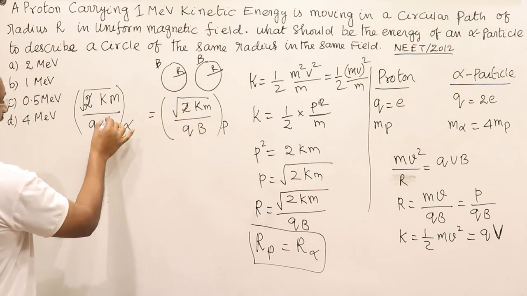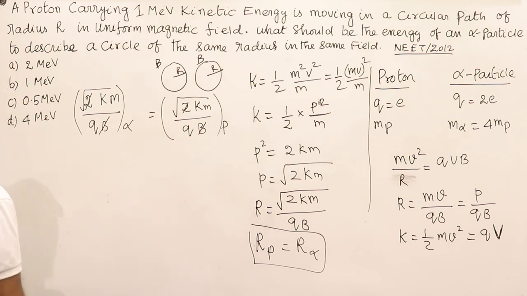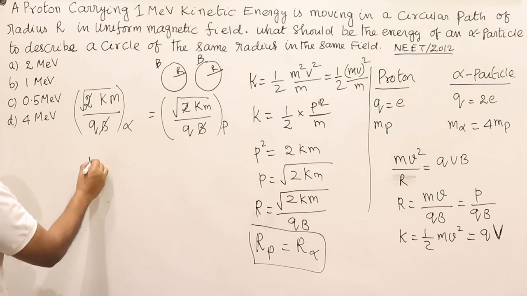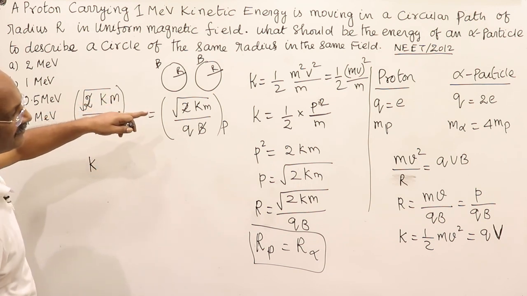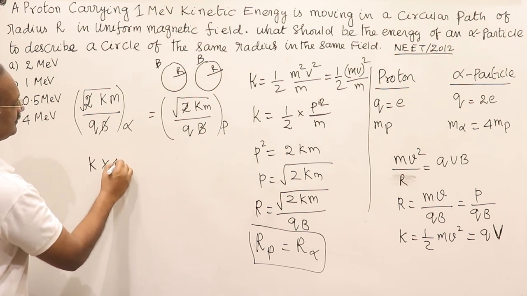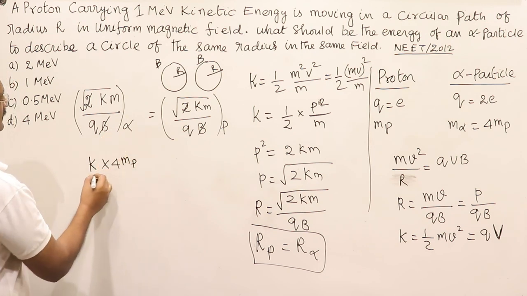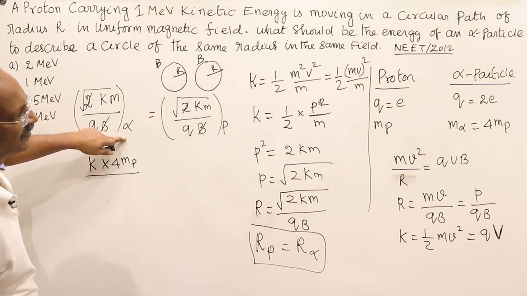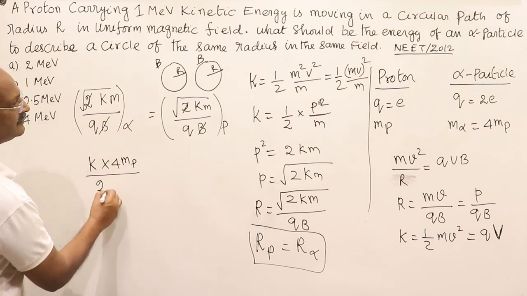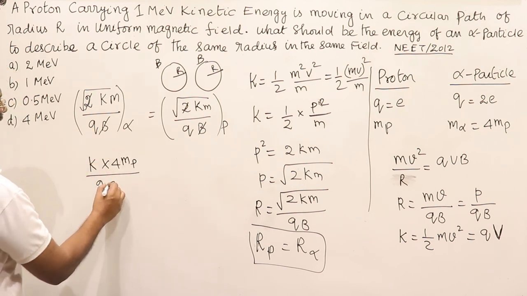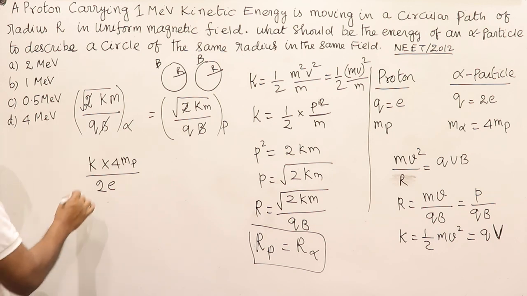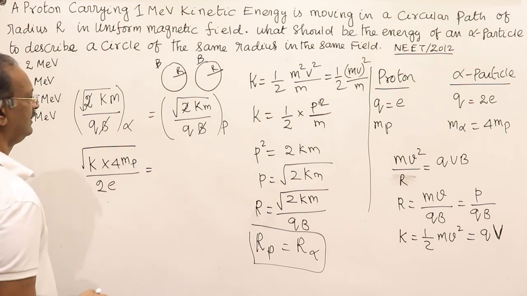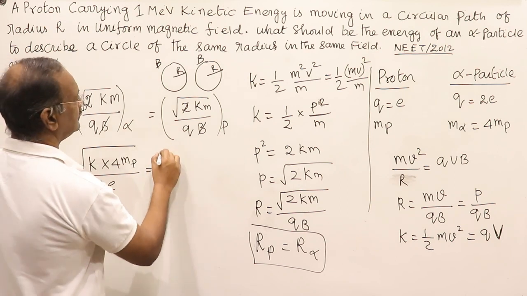Since the charges and magnetic field are the same, qB can be cancelled, and squaring both the sides: K of alpha into mass of alpha, which is 4 times the mass of proton, divided by the charge of alpha particle, which is twice, 2e.